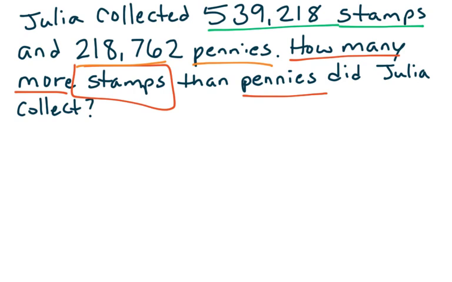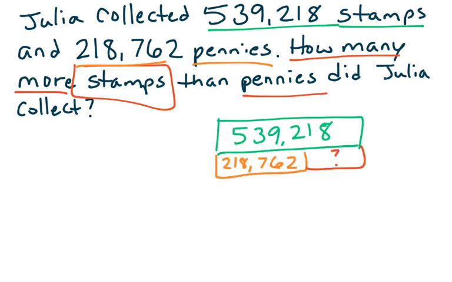I have a part, that's my pennies, and I'm missing my other part. Because I have a whole and one part, I'm missing my other part, I'm going to have to subtract. Let's draw a quick diagram to show me what I'm really doing with this problem. So again, I have my whole here. This is going to be my stamps. I have my part. This is my pennies. And I'm missing my other part. So I'm going to be subtracting these two.